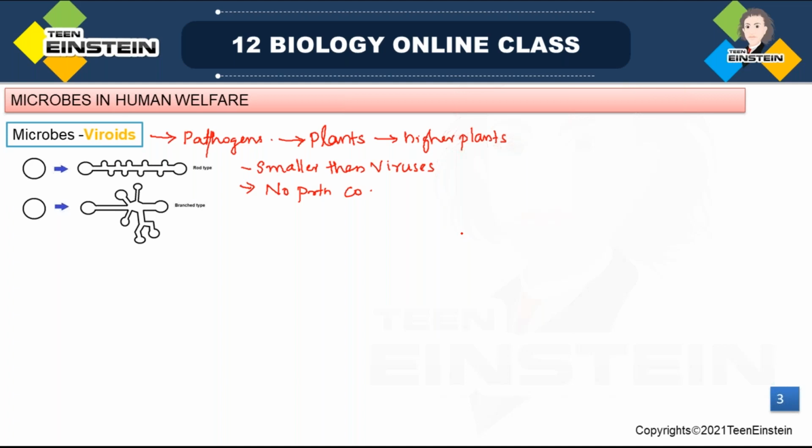They are plant pathogens, especially higher plant pathogens, comparatively smaller than viruses, and they don't have a protein coat. Now we are comparing with the virus. So when asked to compare: it is smaller than a virus, and it has no protein coat, whereas in the case of a virus, the genetic material is covered with a protein coating.